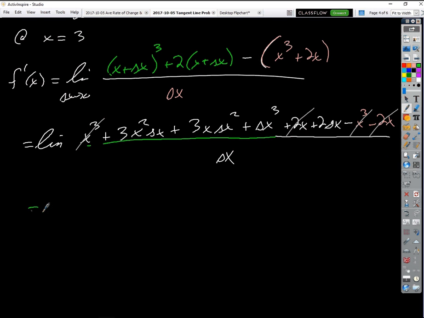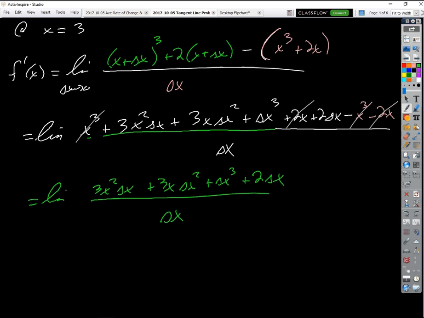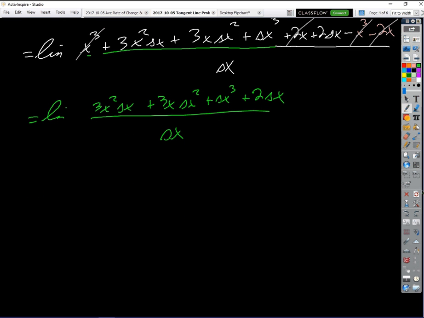We get the limit of 3x squared delta x plus 3x delta x squared plus delta x cubed plus 2 delta x, all divided by delta x. So now I can factor out a delta x, right?